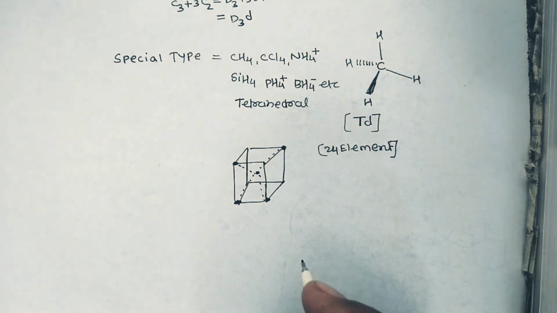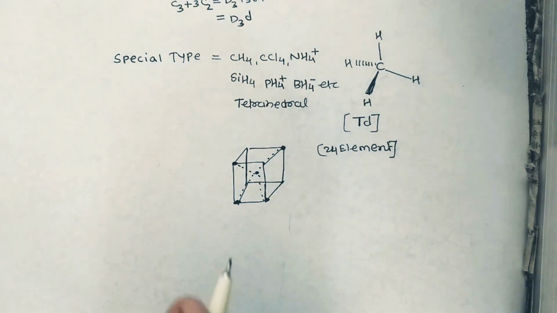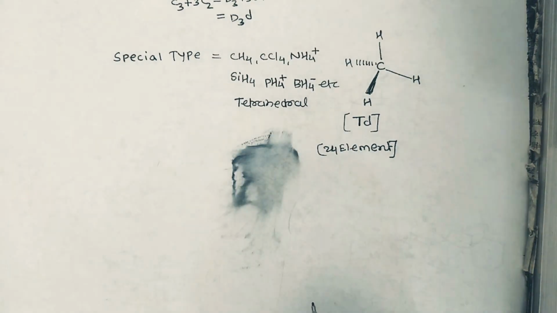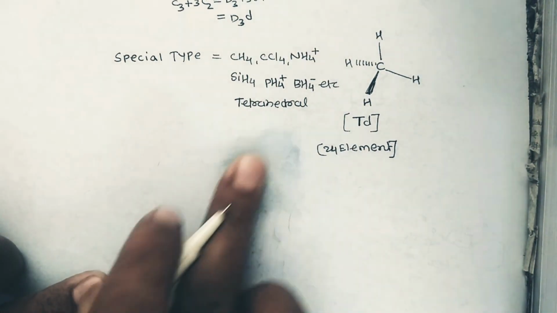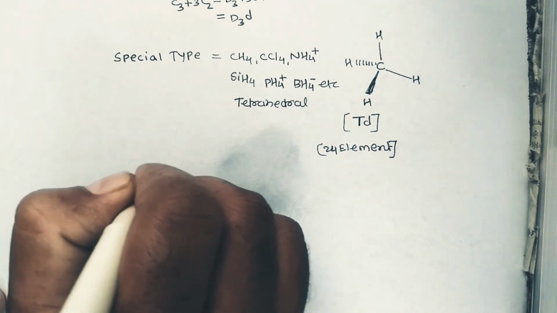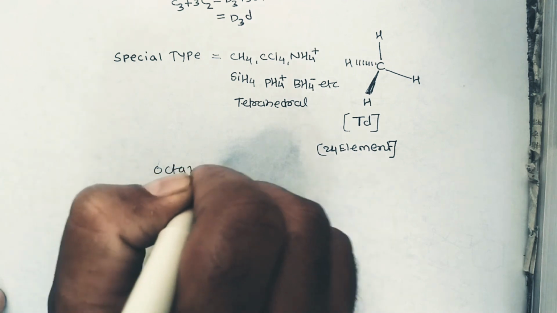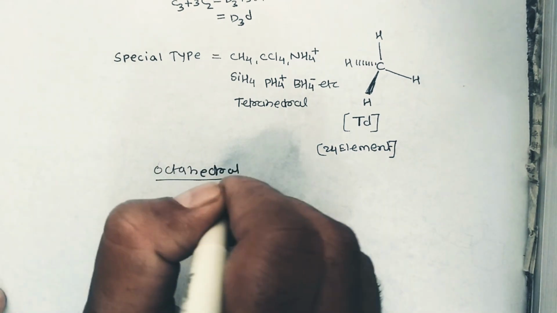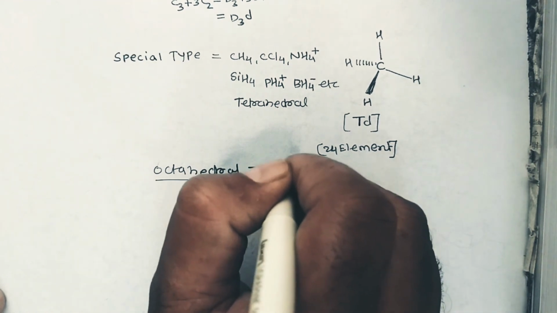Then octahedral molecules. For octahedral molecules, the point group is Oh.